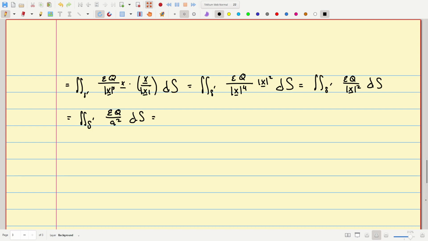All right. Everything inside there is a constant with respect to the integral. This, as we had in the case earlier, where we ended up with just a volume integral, this is a surface area integral.